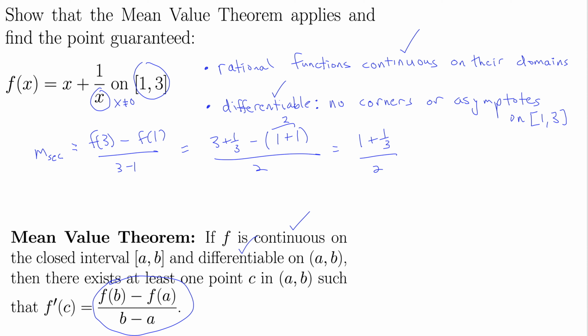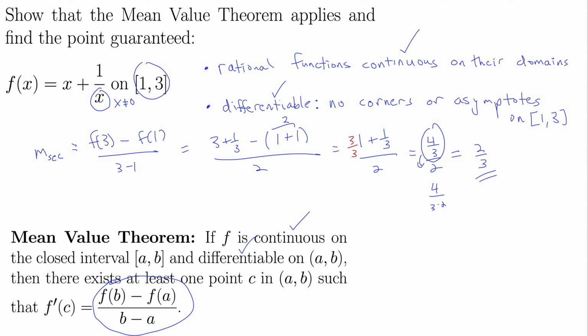Get a common denominator here. How about 3 over 3? That gives us 4/3 over 2, which comes to 2/3. Remember, when you have a fraction on the top here, it just bumps down a layer. So that would be 4 over 3 times 2, which simplifies to 2/3.